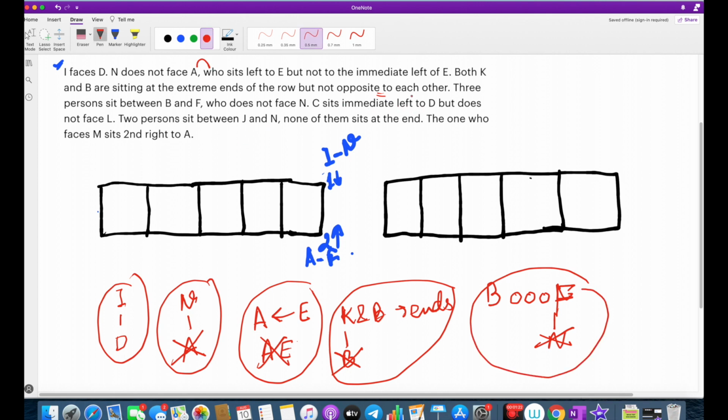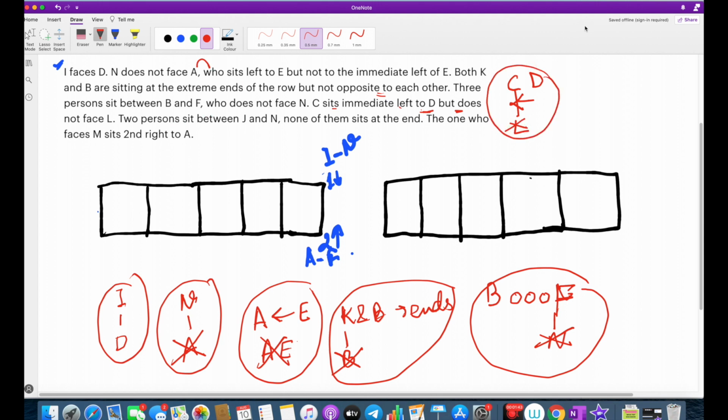Next. C sits immediate left to D, but does not face L. So C does not face L. Next.